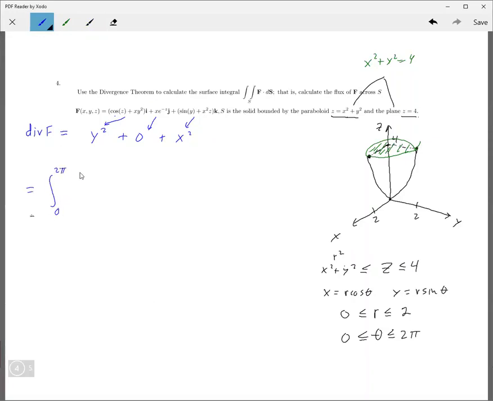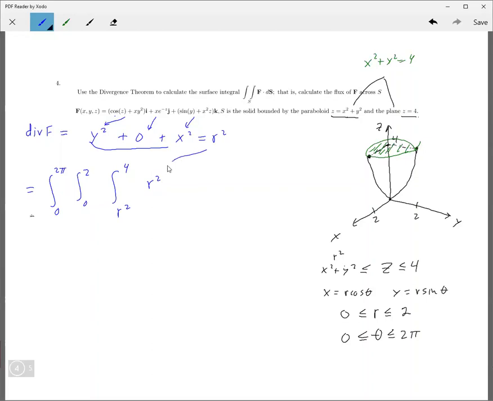0 to 2 pi, 0 to 2. And then z goes from r squared to 4. Y squared plus X squared is r squared, right?